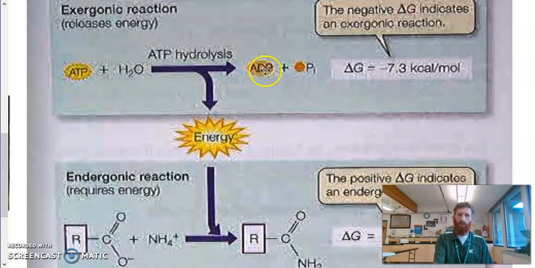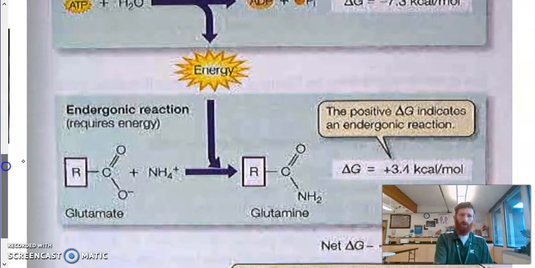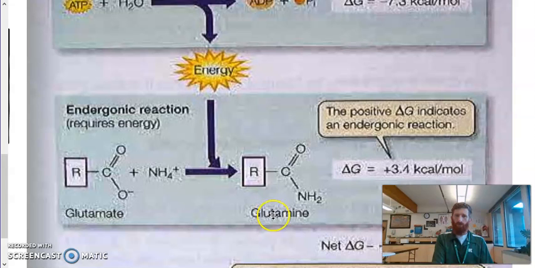So ATP is broken down into ADP plus inorganic phosphate. That compound loses energy, and some of that energy is captured by taking glutamate plus an amine group and combining those two together to make glutamine, which is one of our amino acids.